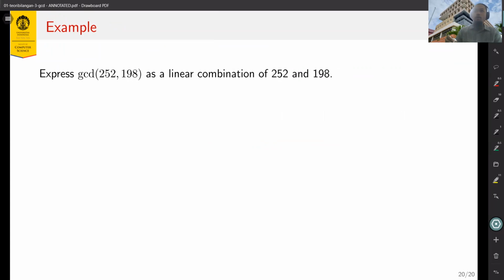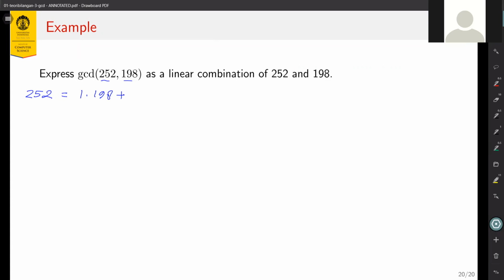It will be easier to write it down like this. What is the GCD of 252 and 198? You start with the bigger number. Can you write it down through the division algorithm? What is 252 in terms of 198? 1 times 198 plus 54.